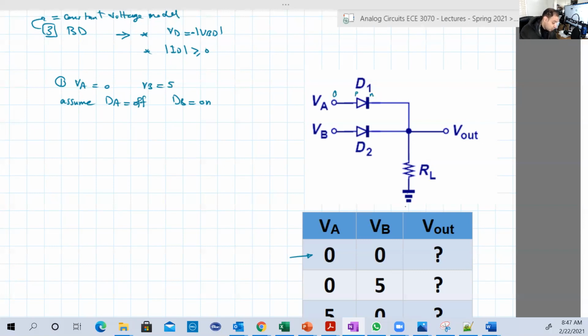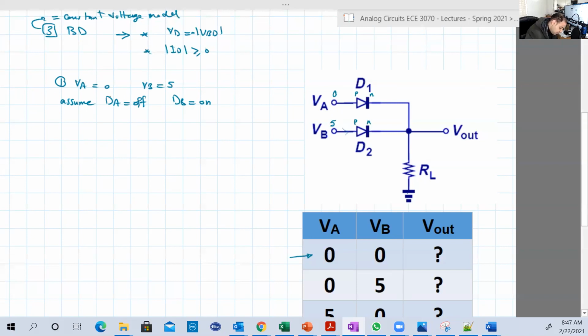So we assume that, or we have some doubt that there will be a current in D1 under the ideal model for the diode, or even the constant voltage model. Okay, but for VB it's 5, B is close to 5, N is close to 0, so you may have a current flowing in that way because the voltage on B is greater than the voltage of N. Okay, good.